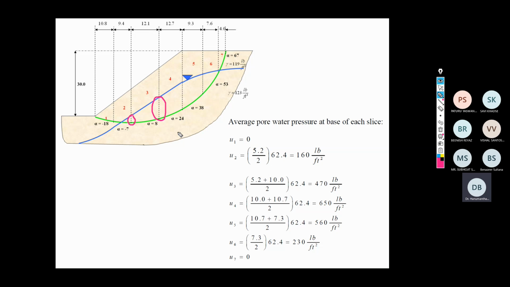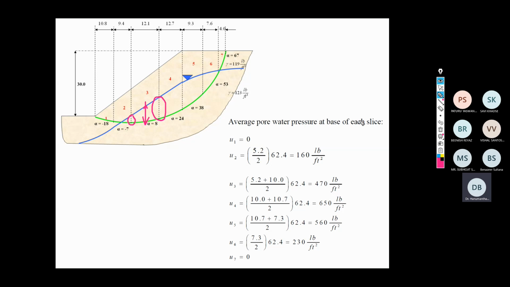U is equal to gamma W into H. How do you calculate the H? That's it. Earlier you were calculating the area and volume. So here you neither need to calculate the volume, nor the area. You need to take the average height of water within slice 3 at this point.